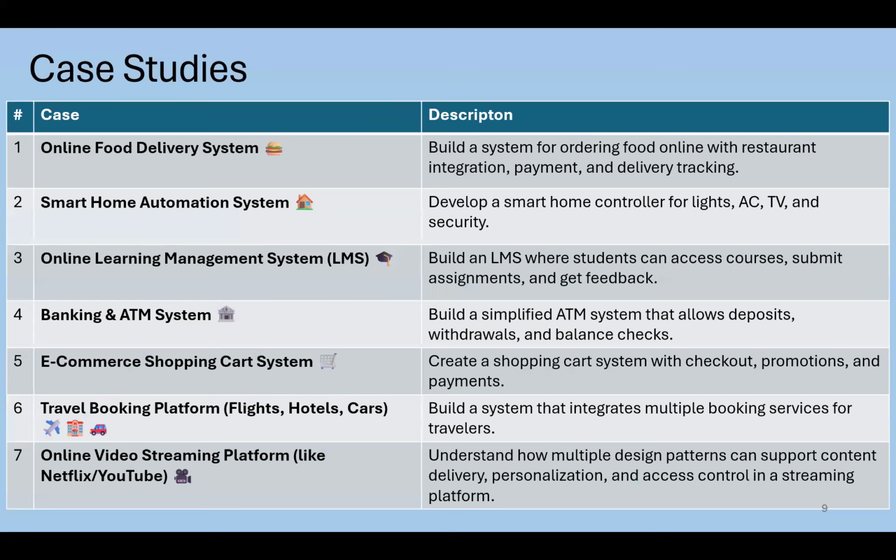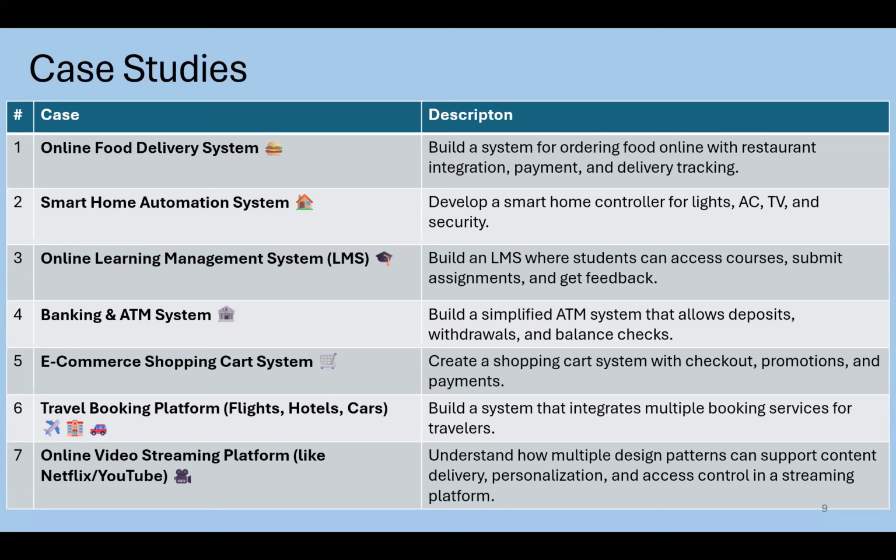In order to identify this, we are looking at 7 case studies. One is an online food delivery system, a system for ordering food online with restaurant integration, payments and delivery tracking. Then we have a smart home automation system, online management system, banking and ATM system, e-commerce shopping cart system, and a travel booking platform for flights, hotels and cars, which can be extended to a few more as well.